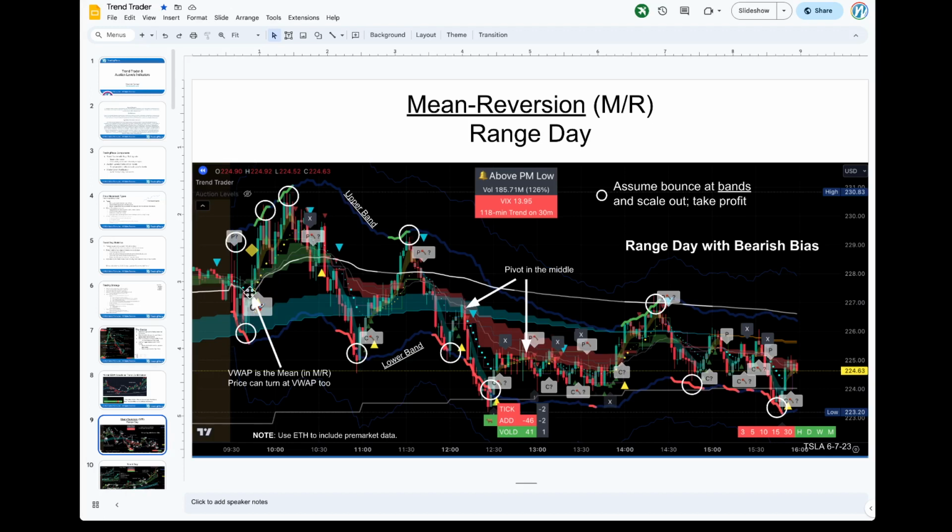Okay, and so basically you see it goes there, goes down, goes up, bounces to the VWAP, goes up, goes down. Little bit of playing around on the VWAP, then it goes down, then it goes up, then it goes down. Goes up to, it doesn't get to the VWAP, but it gets to this 21 EMA, which is another important pivot. And then these dots, that's the trend dot.